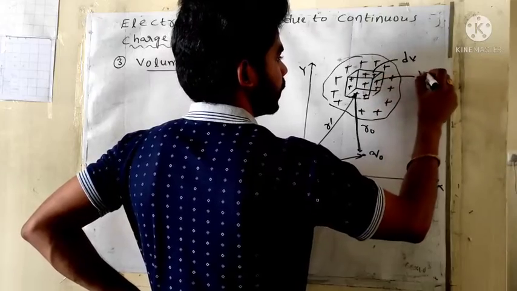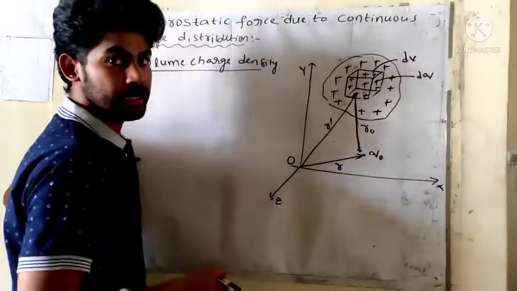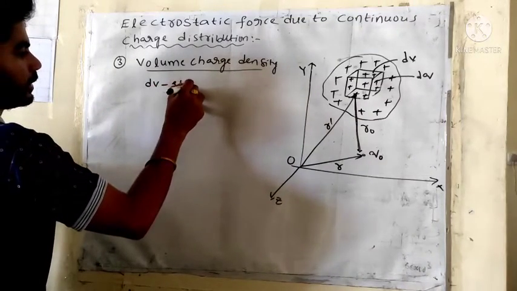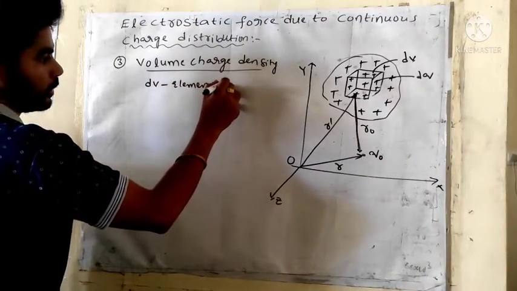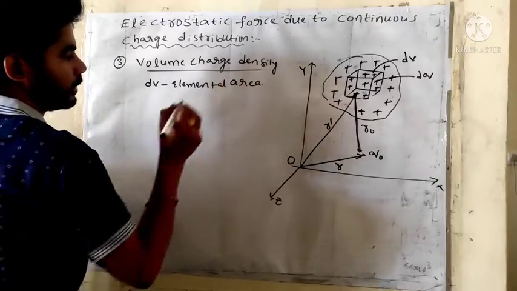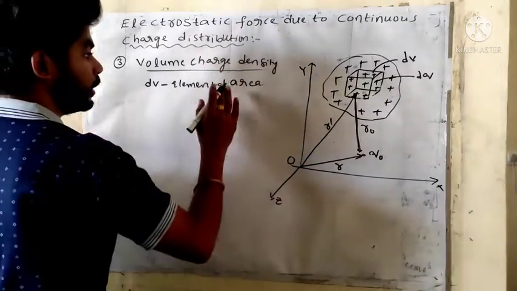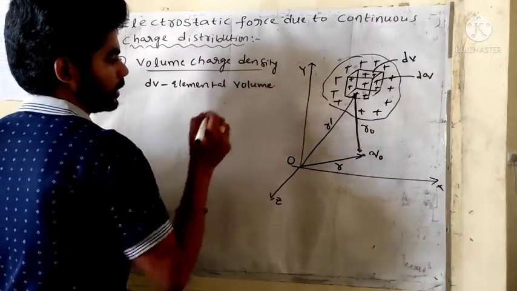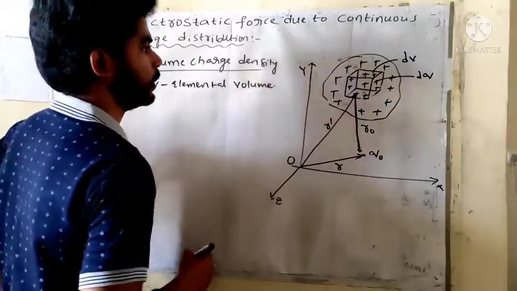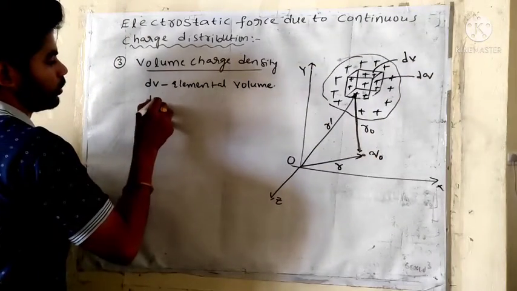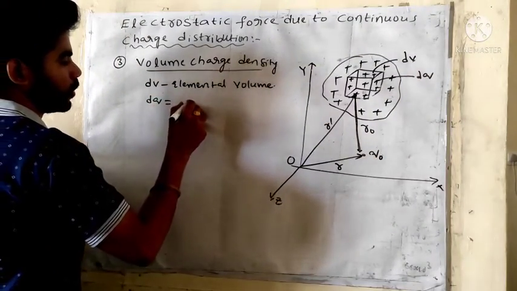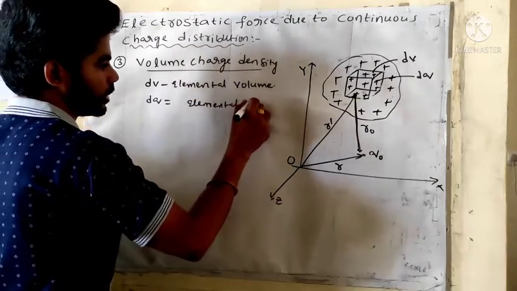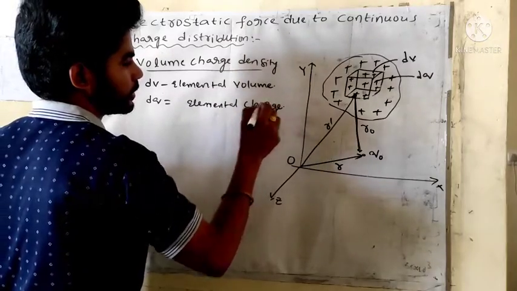In that small dV volume, dq charge is placed. dV is the elemental volume, and dq is the small elemental charge.